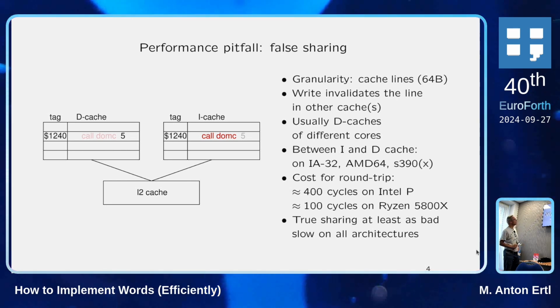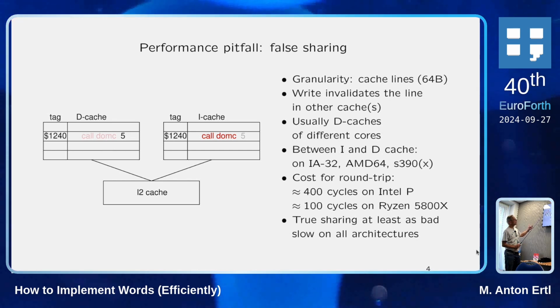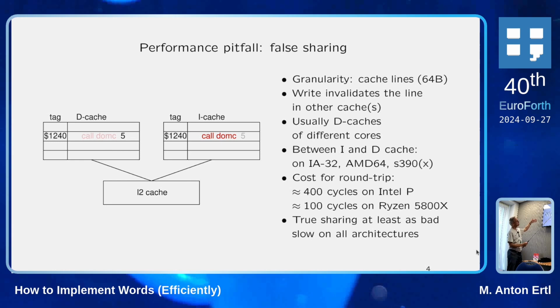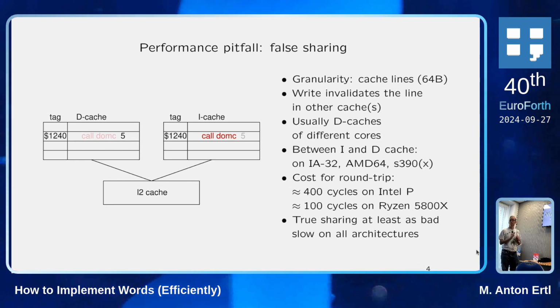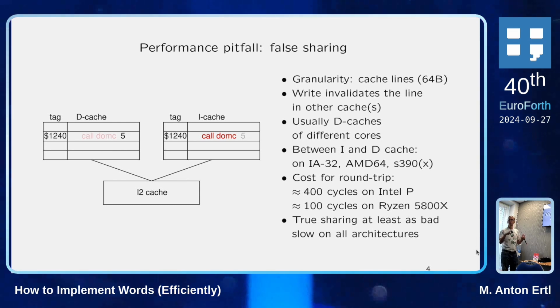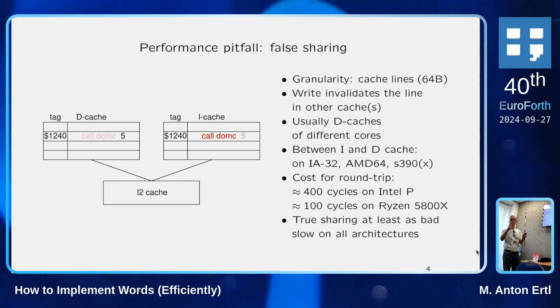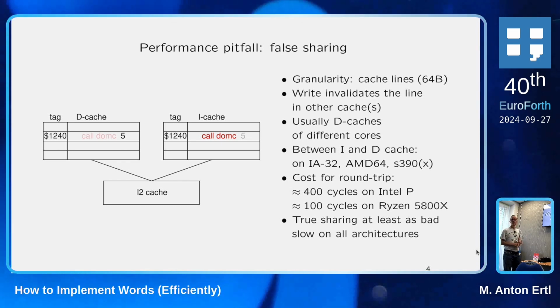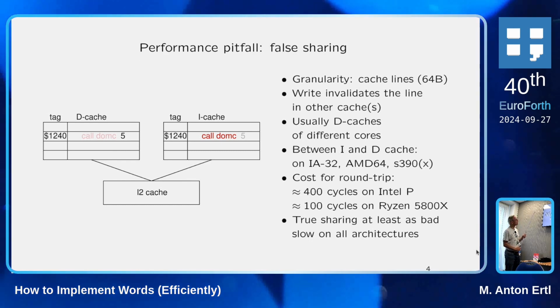This false sharing is a problem normally with multi-threaded code that runs on different cores. When they put two pieces of data side by side in the same cache line, you get false sharing and slow code.